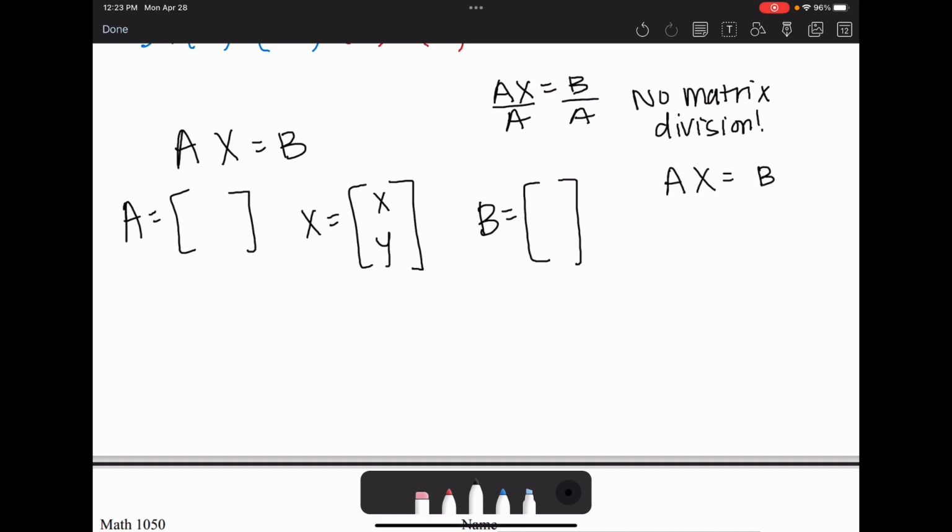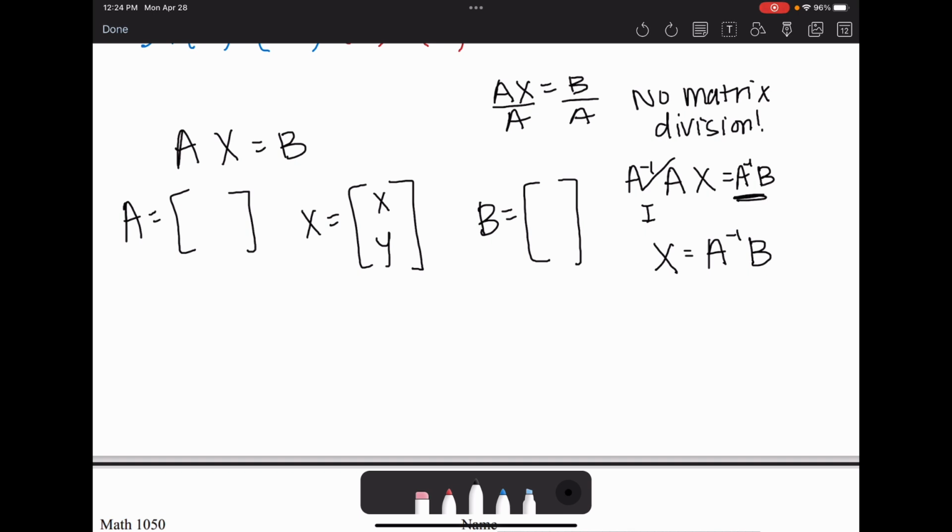is we use the inverse. So if we multiply both sides by the inverse, A inverse times A right here, we just learned that that simplifies to the identity matrix. And the identity matrix times any other matrix doesn't change anything. So that would just be X equals A inverse B. And order does matter.